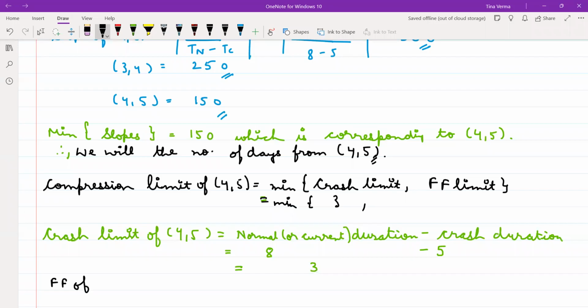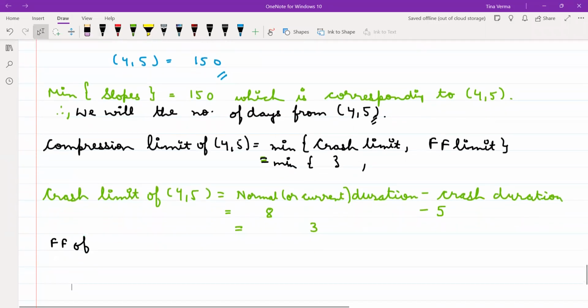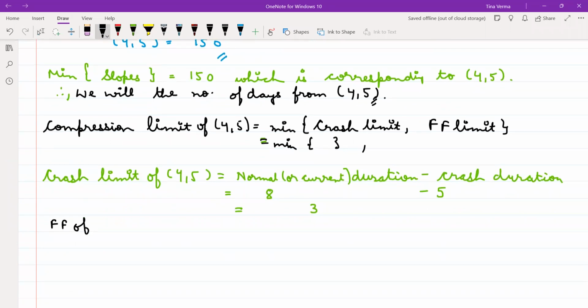FF limit हम किसकी निकालते हैं? नॉन क्रिटिकल एक्टिविटीज की। अब मेरी नॉन क्रिटिकल एक्टिविटीज कौन सी हैं? 1 to 2 is my non-critical activity. 2 to 5 is also my non-critical activity and 3 to 5 is also my non-critical activity. Formula क्या है?